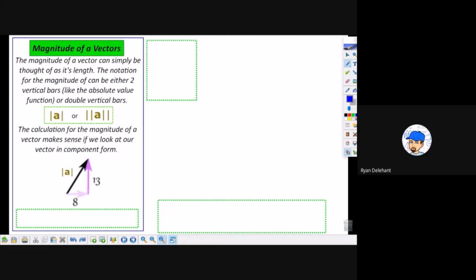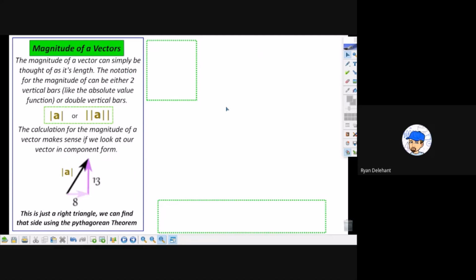As we go through and learn some of this stuff, what's the most important formula for right triangles? Anybody remember the guy's name? Pythagoras. As we extend through vectors, trig, and everything else, it all really stems from the Pythagorean theorem.